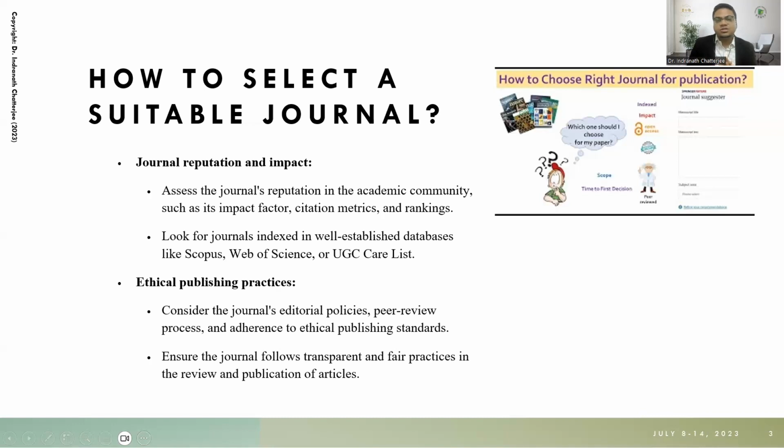Do not go for journals which allow similarity over 20%. Those are predatory journals and are not listed in UGC, Web of Science, and so on. Most good, reputed journals allow only similarity less than 10%. So only go for that.